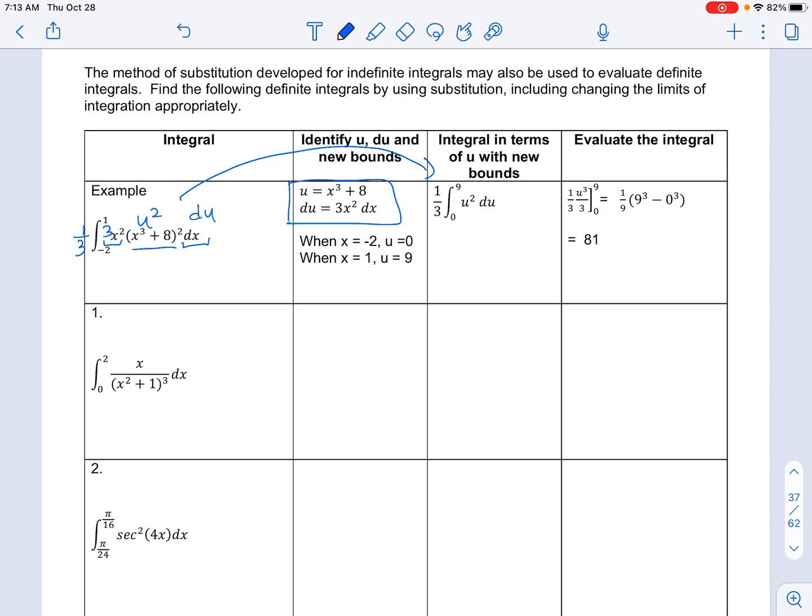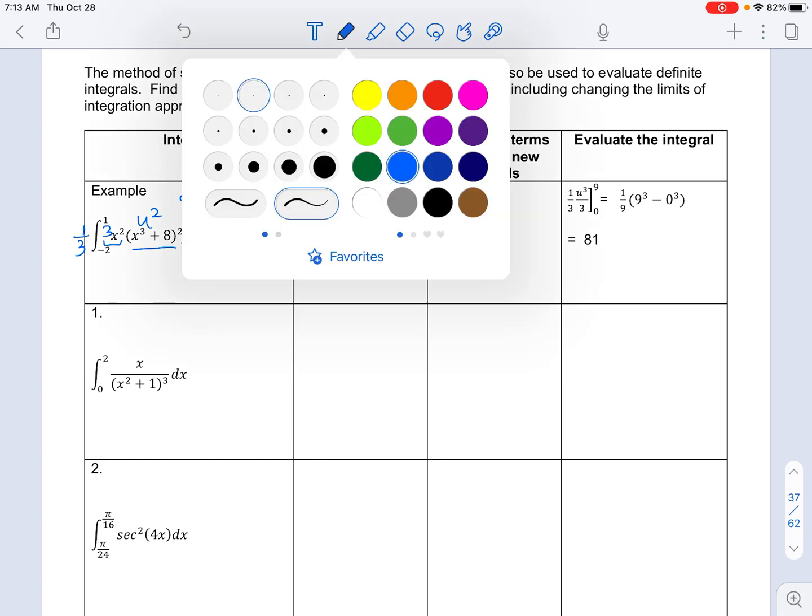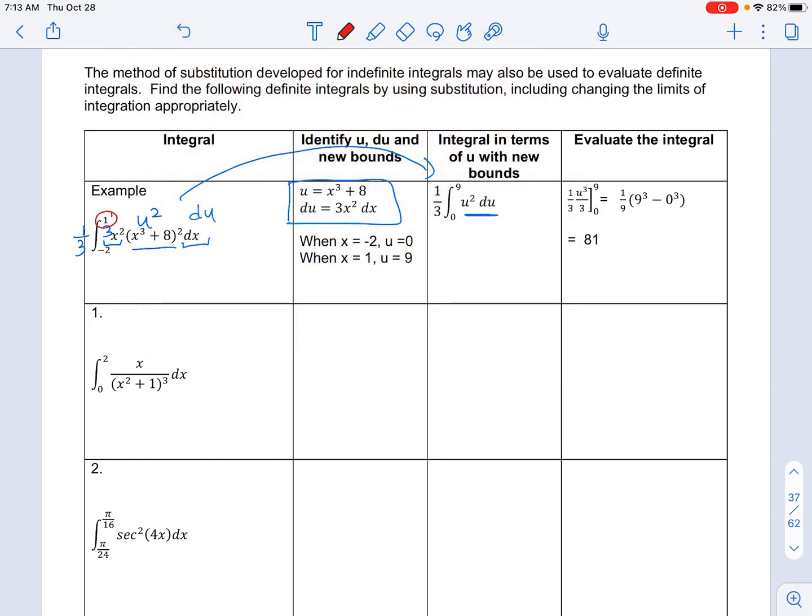Now, since we changed this all in terms of u, we also need to change the bounds. These numbers are your x bounds. To figure out the corresponding u bound, we use this substitution. When x equals 1, 1 cubed plus 8 gives me 9, so I replace this with the 9.